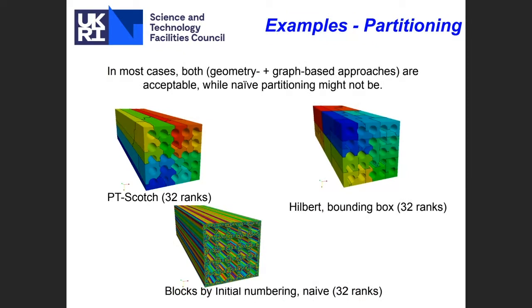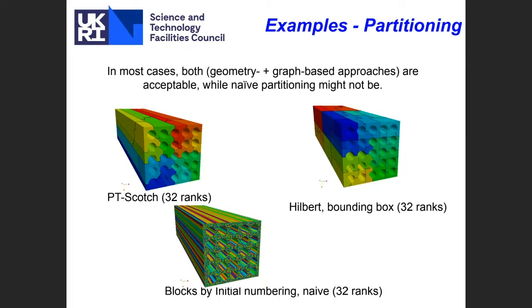I haven't mentioned much about graph partitioning because the space filling curve techniques are embedded into the code, so they come with a release. But the graph-based approaches are third-party libraries that have to be installed separately, and then Code_Saturne has to be installed accounting for that.